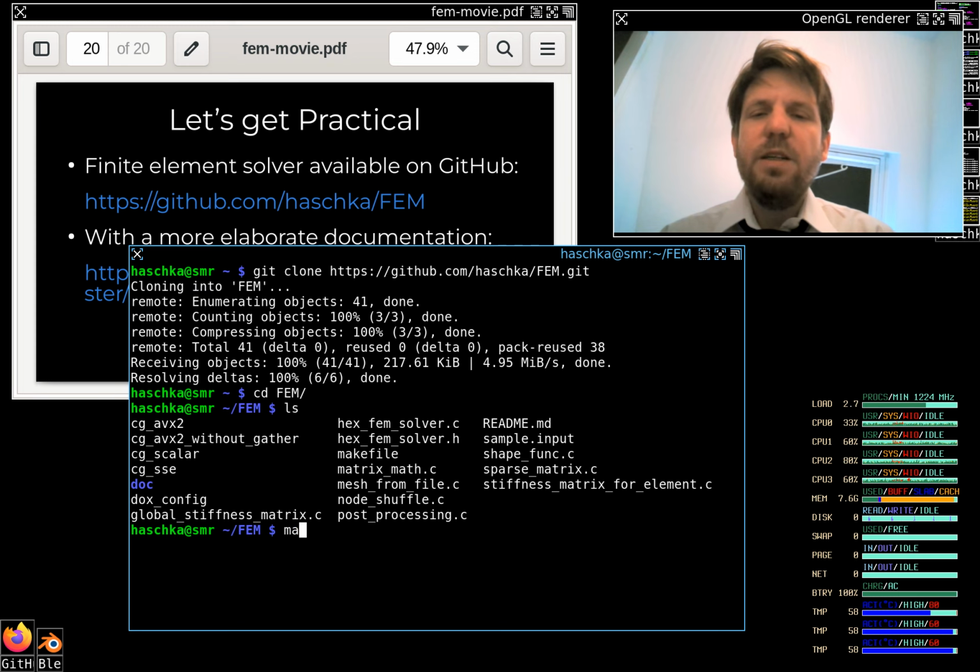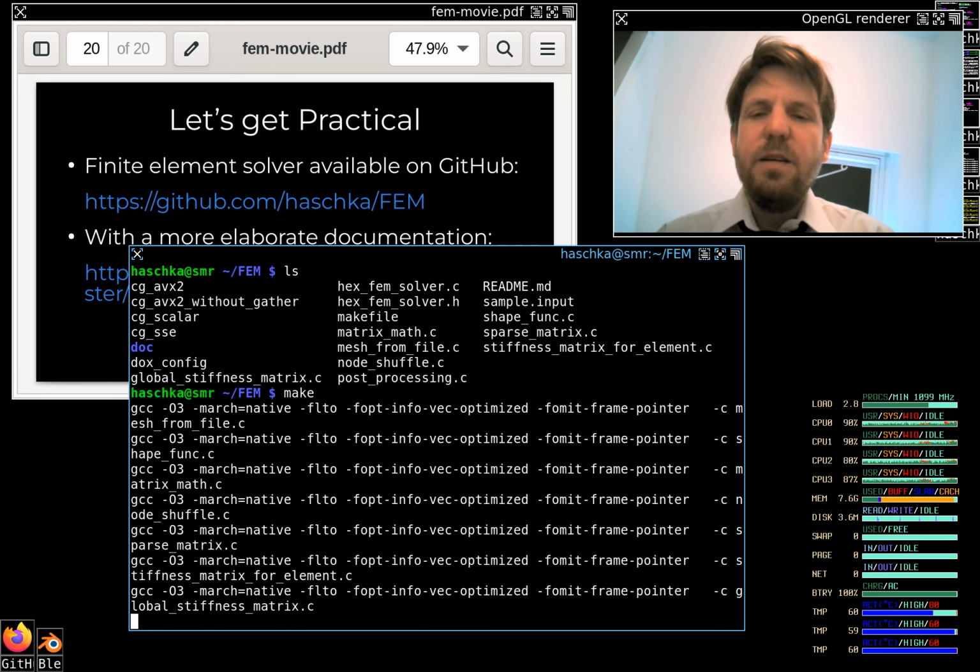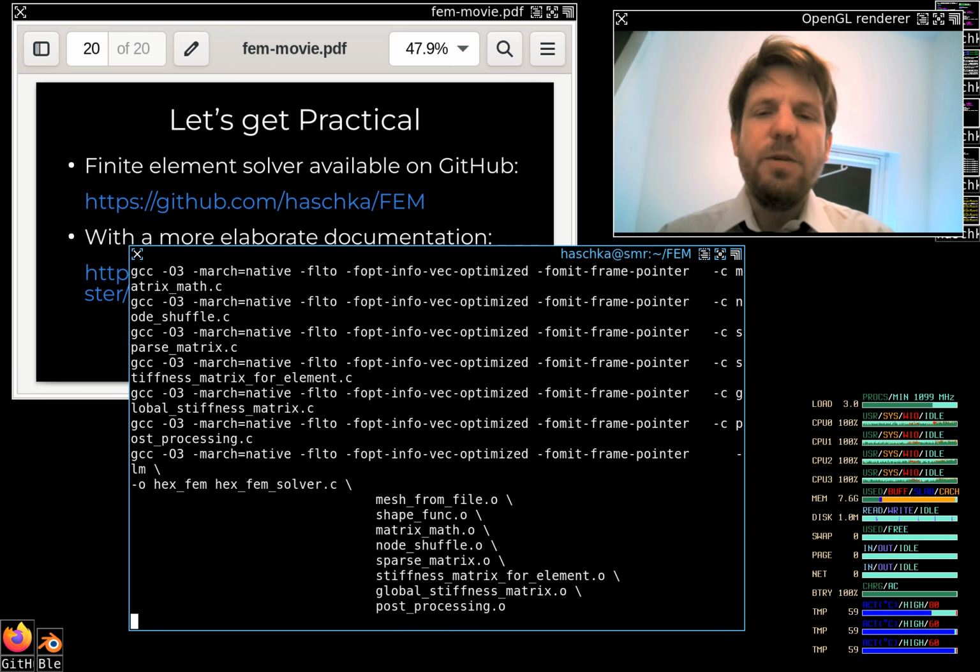We have a makefile as we're on a Unix system, and if you're on Ubuntu, for instance, you would perform apt-get install build-essential, something like this. I'm not sure, build-essential, you will find it out. And then you get automake and all the stuff in order to compile this. You compile this with make, and this should be rather fast here.